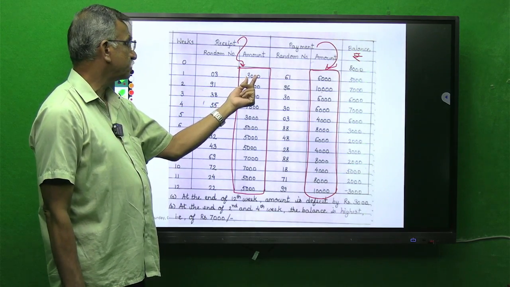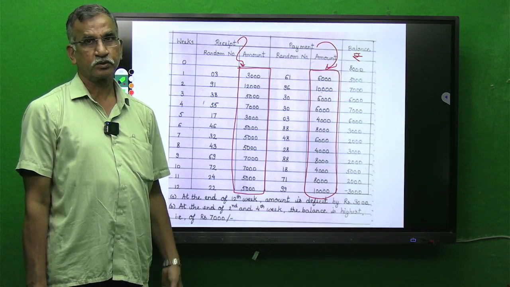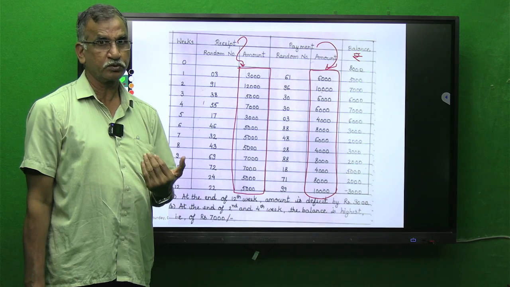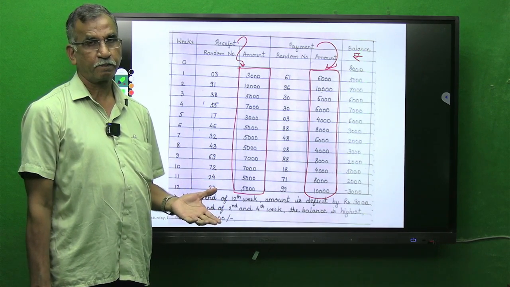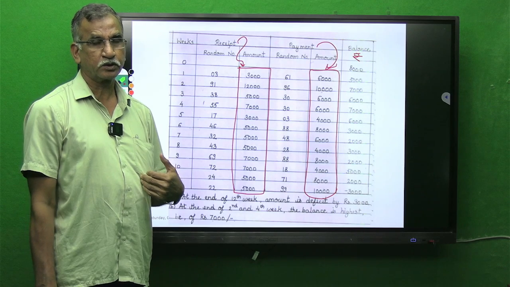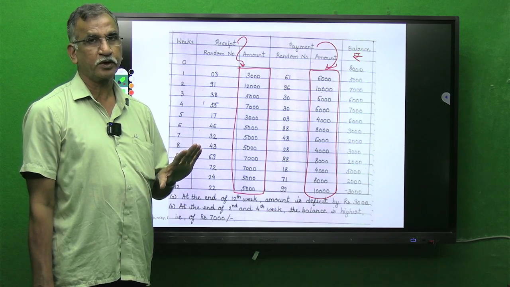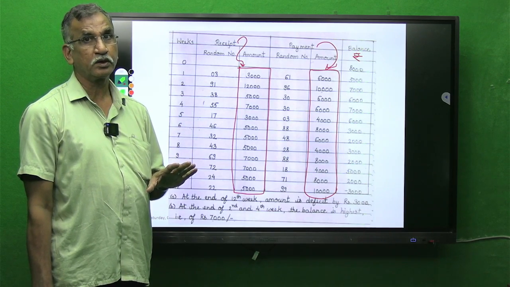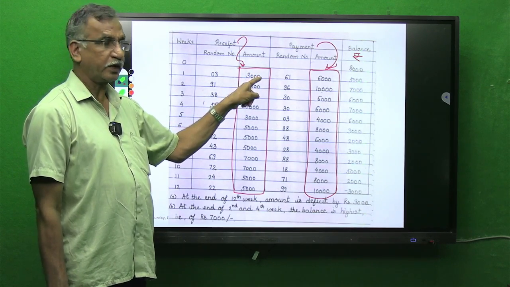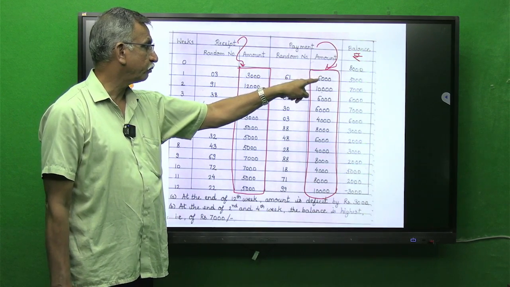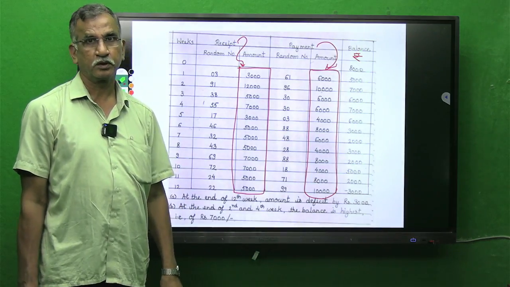Your receipt is 3,000. Receipt means you have received 3,000. So you had 8,000 earlier, you have received 3,000. So now at this point, the total amount with you is 11,000. But at the same time, you paid 6,000.